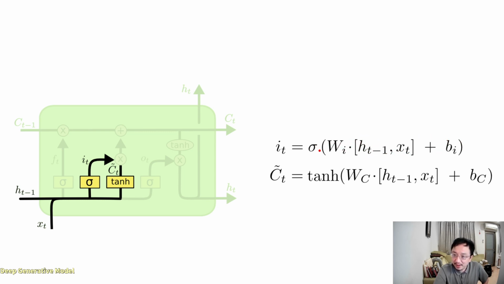We use this gate to decide which part of this content is going to be updated into the long-term memory. So you may wonder, because we already know which part we are going to forget and which part we are going to keep, why not just use 1 minus ft as our gate?